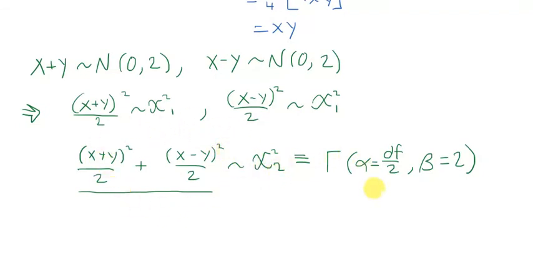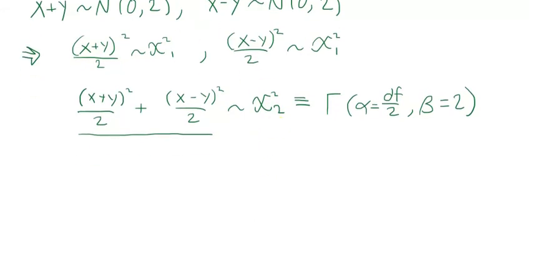So I'm going to use a gamma distribution instead. Then we can use moment generating functions to see what this distribution ends up being, because the moment generating function uniquely identifies the distribution.